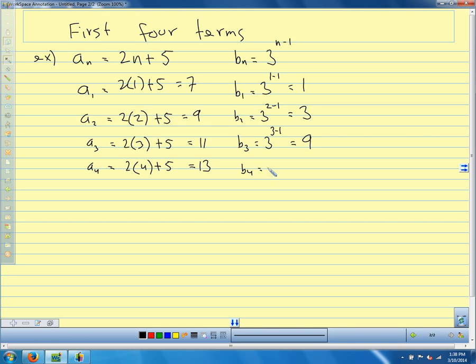And b sub 4 is 3 to the 4 minus 1, which is 27. So that would be our first 4 terms of the sequence.